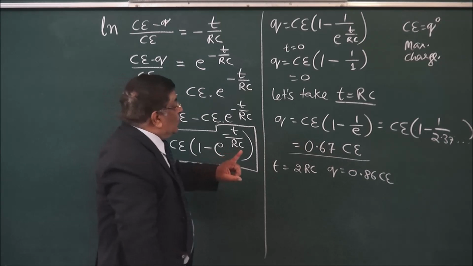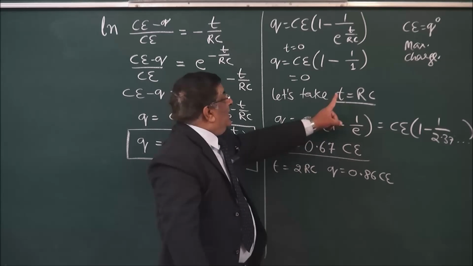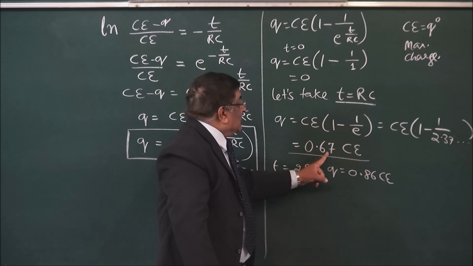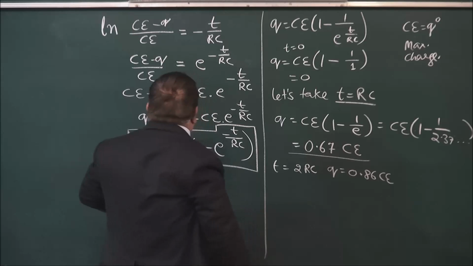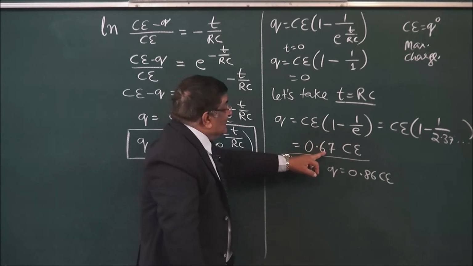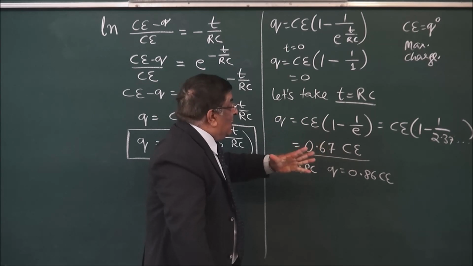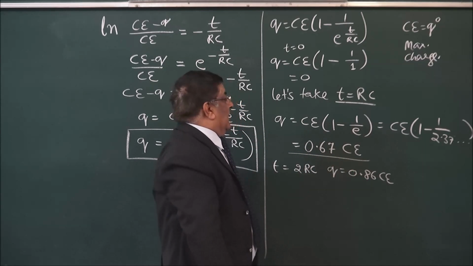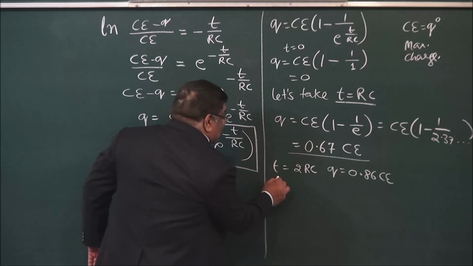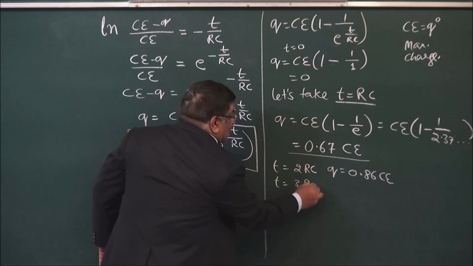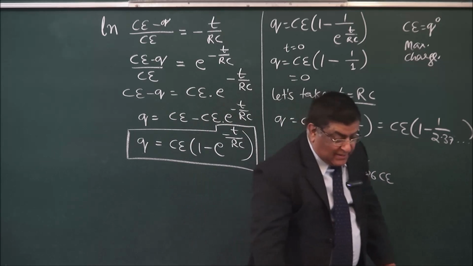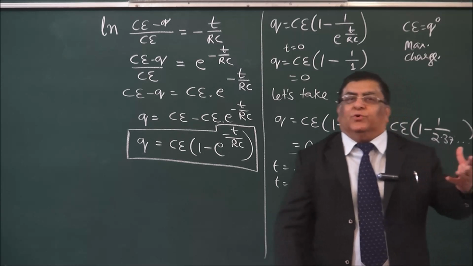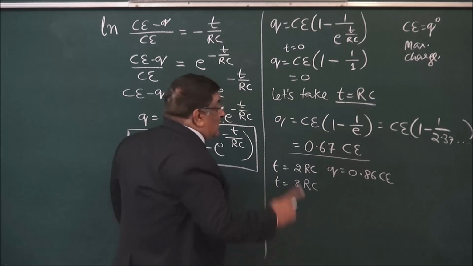So at time RC, how much is the charge? 0.67, more than half. And if we double the time, the charge does not double, it increases by a very small quantity, 0.86 only. Okay, if we take t equal to 3 RC, then the charge will again increase very little, and at 4 RC it is almost 1, but not 1.